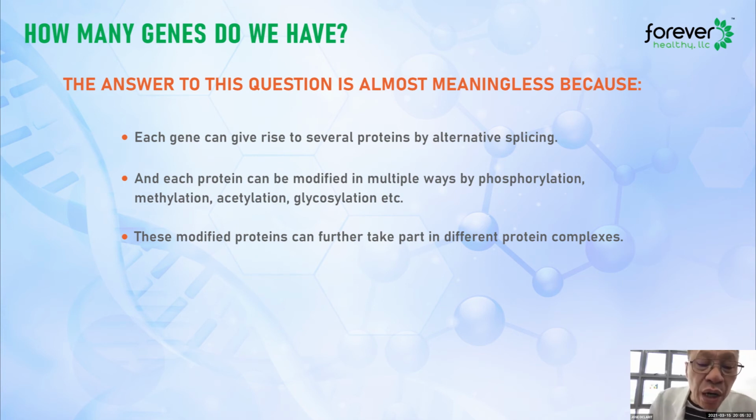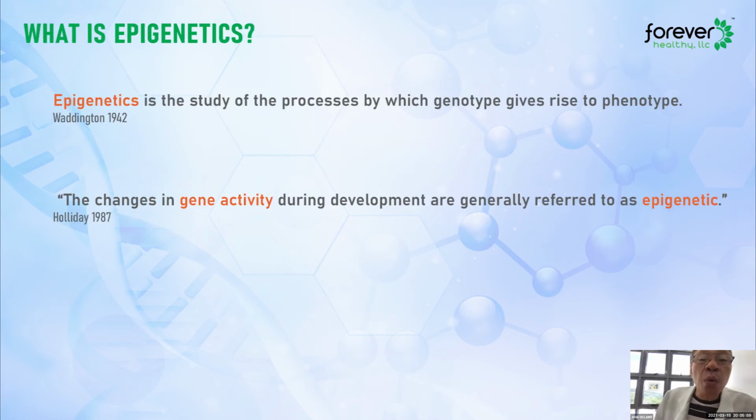So modification, like production of antibodies, is one form of modification of proteins that will allow our survival. And this modification is due to either phosphorylation, methylation, acetylation, glycosylation, on which enzymes are present in our imorigin bottle. What is epigenetics? The epigenetics is the study of the processes by which the gene will give rise to another phenotype.